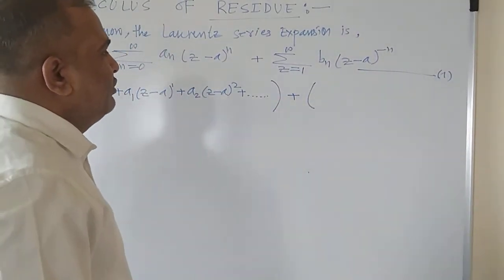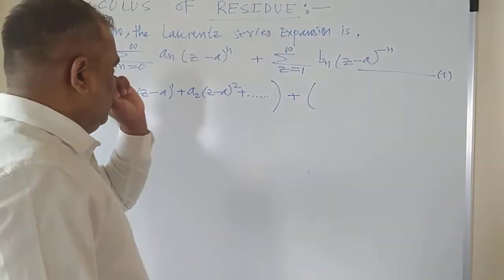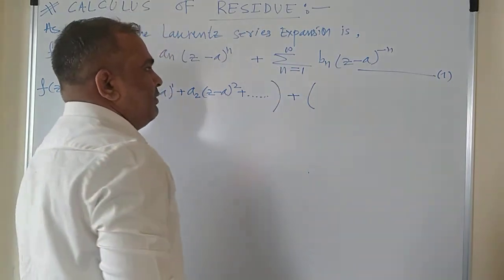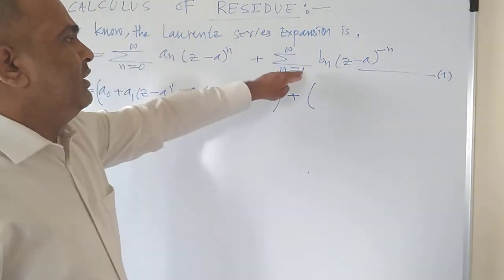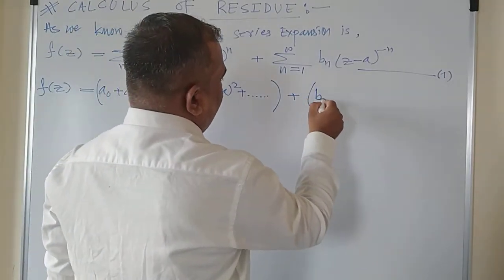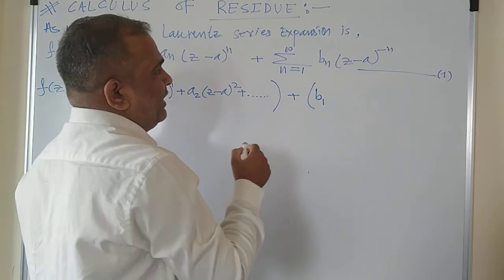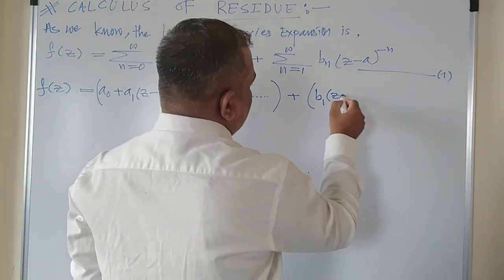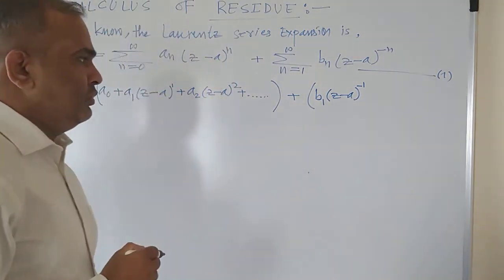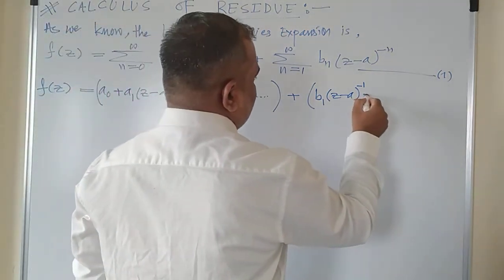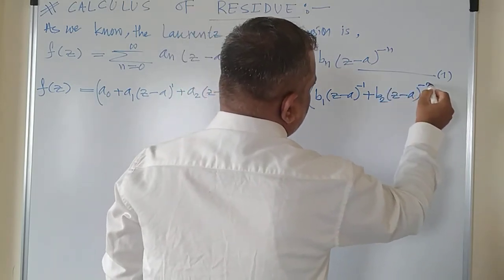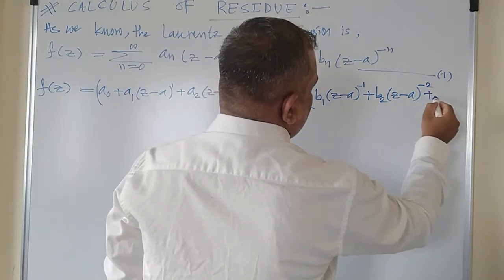Plus, the second term expansion you can write by putting the values of n from 1 to infinity. If you put n equals 1 in the principal part of the Laurent series, you will get b_1 into (z minus a) raised to power minus 1, plus b_2 into (z minus a) raised to power minus 2, plus and so on.